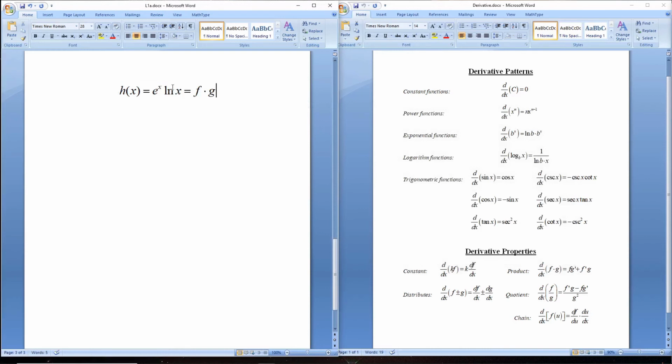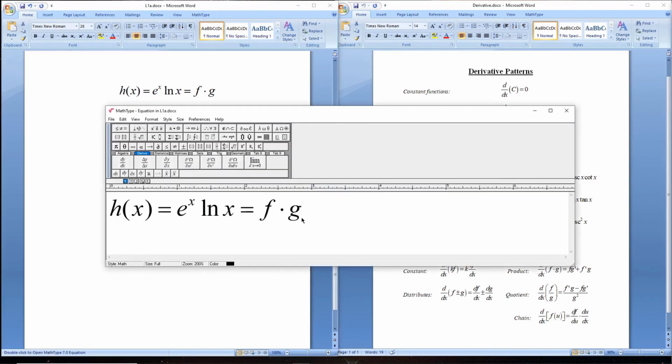So we're going to look at this function and acknowledge that it's a function f times some other function we're going to call g. We're just going to write those definitions out here. So we're going to say f is e to the x, and g is natural log of x.